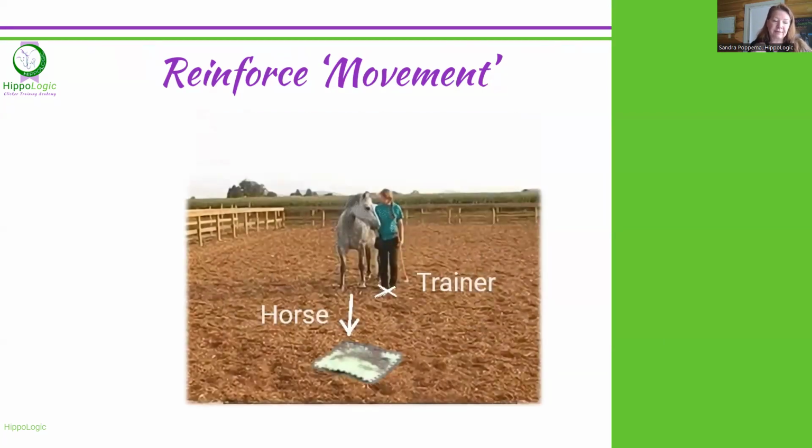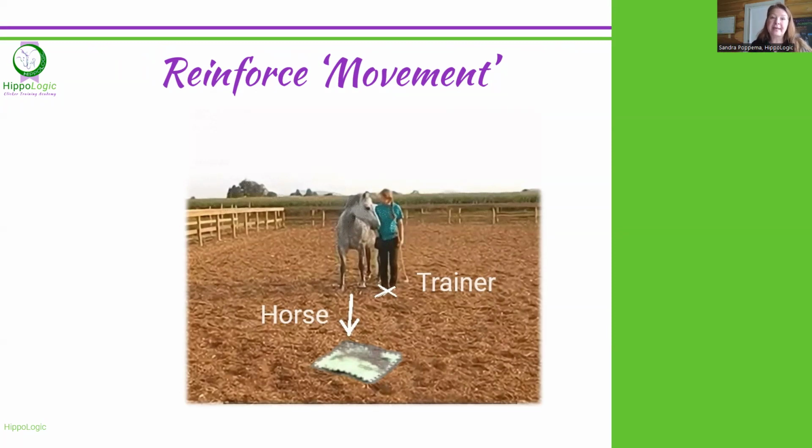It's also very important to teach your horse to go without you, because this is a pitfall that is so often and so common. So remember the definition of a send: the horse is willingly and without hesitation moving away from the trainer on cue.